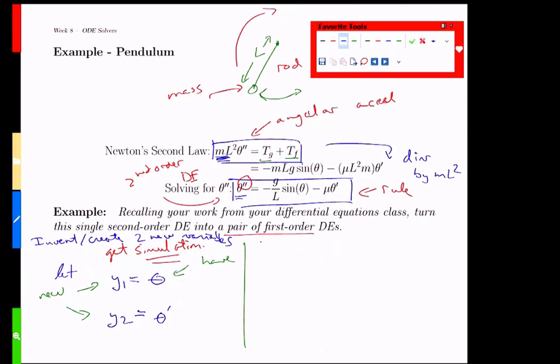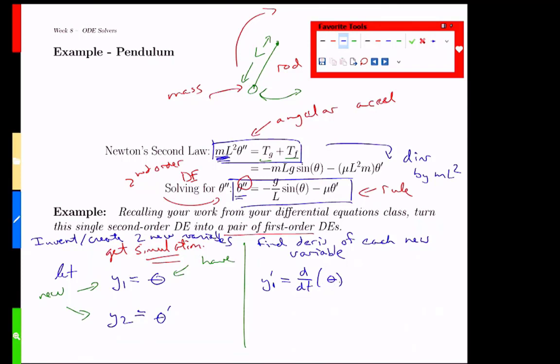So, once we've invented those two new variables, what do you do? You find the derivative of each new variable. Okay. So y1 prime, we've defined our two new variables. This is going to seem circular, but it'll have an impact when we get to the end. y1 prime, which is its derivative, is going to be equal to the derivative of theta, because theta is y1.